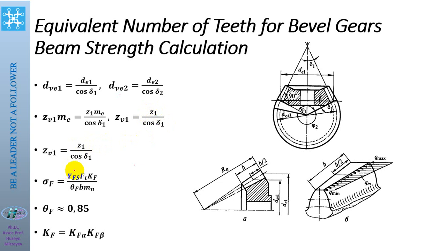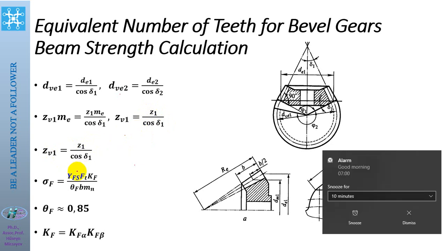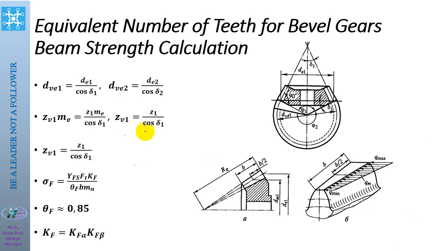Depending on this equivalent number, we will find the tooth form factor YFS, and we will calculate the bending stress in the meshing process. Sigma F is the bending stress.